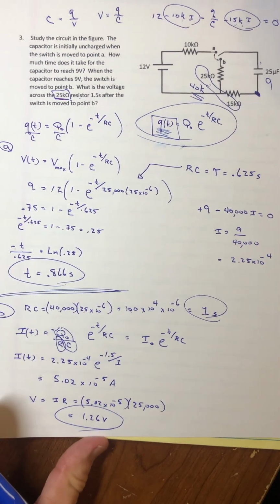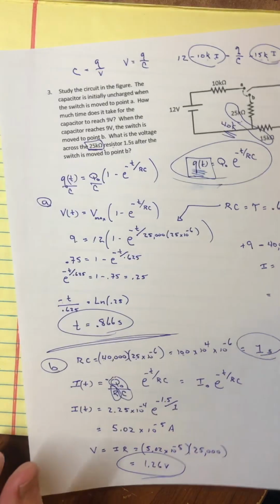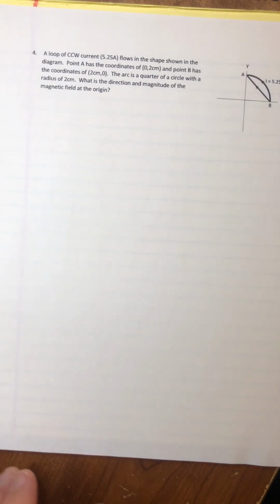Yay! Okay. So there's number 3, and kind of ending our 2 chapters on circuits. Because as you know, that was chapter 27 and 28.